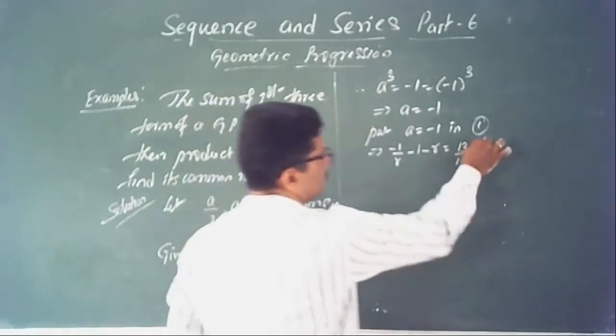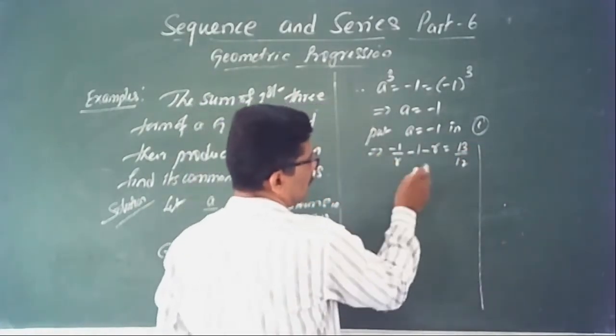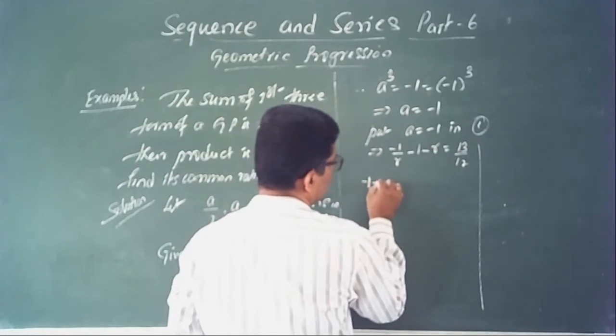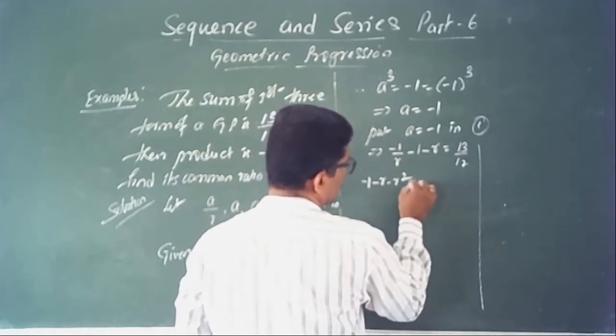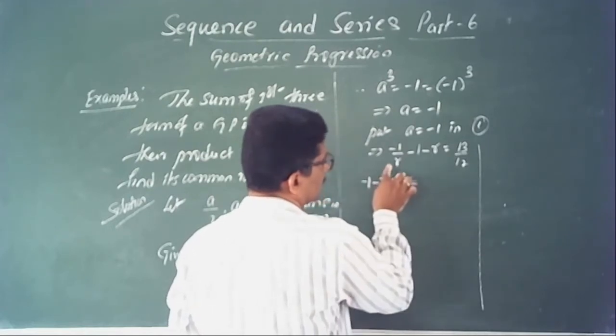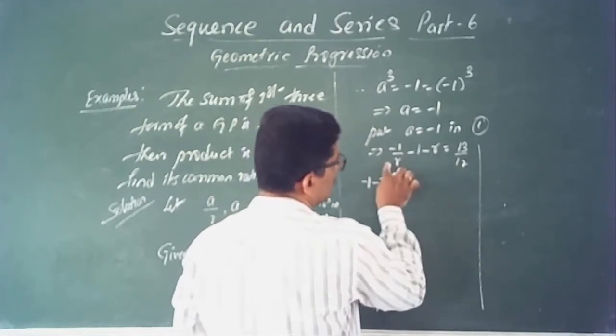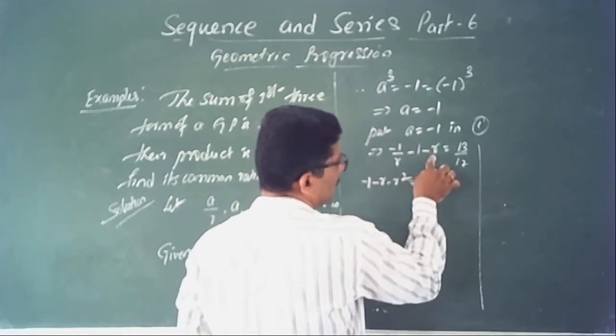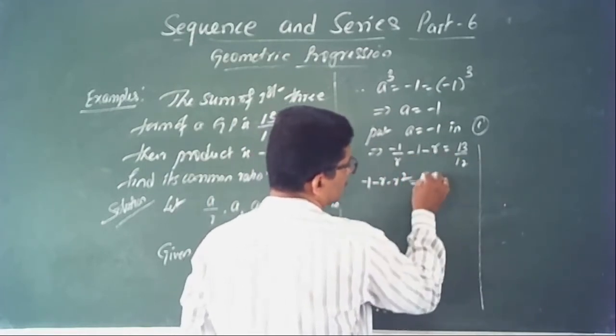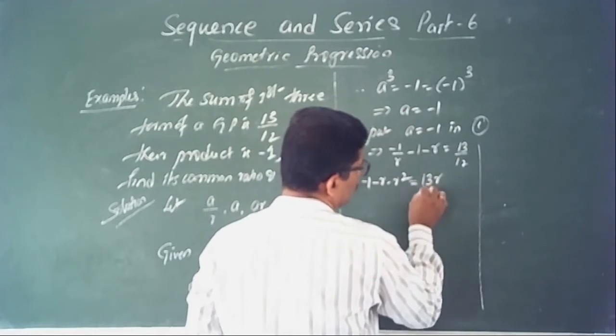Taking the LCM, or multiplying both sides by r, each term: r cancels, minus 1 into r means minus r, minus r into r means minus r square, 13 divided by 12 into r.